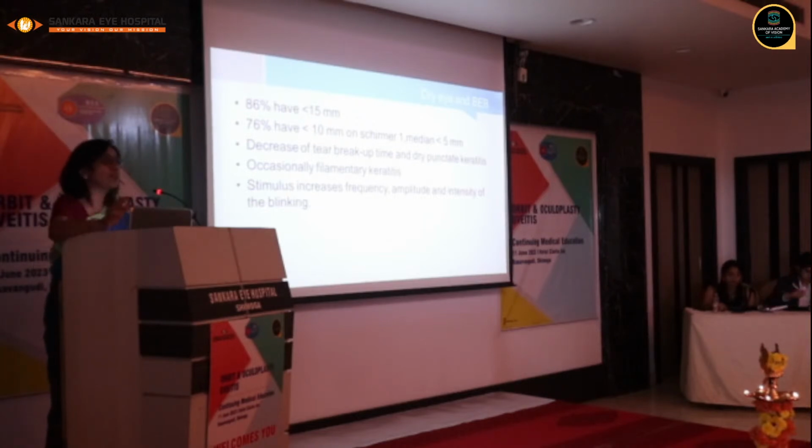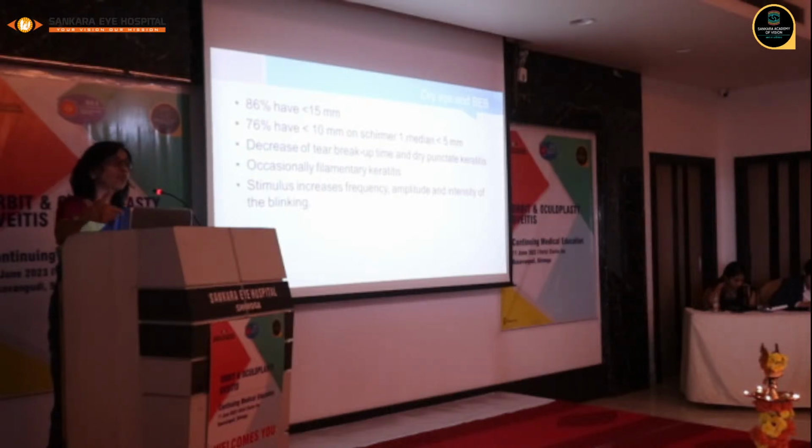Now, one of the understandings we used to have earlier is that dry eye causes blepharospasm. However, blepharospasm itself is very often associated with dry eye. About three quarters of them have dry eye. There's a decrease of tear breakup time. However, it's very difficult to measure because the patients are blinking very often.